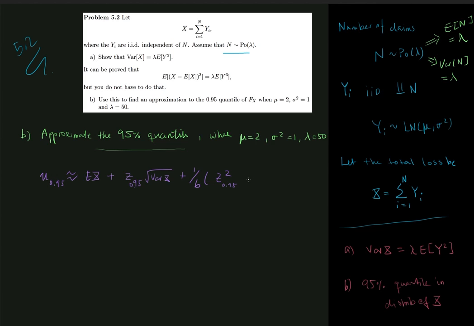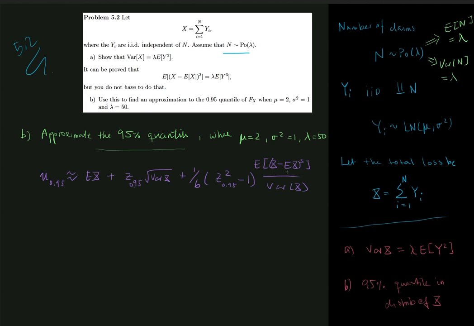We have to square that, then minus 1, and multiplied by the centered third moment, divided by the variance of x. Phew, that was long stuff. So what do we know?